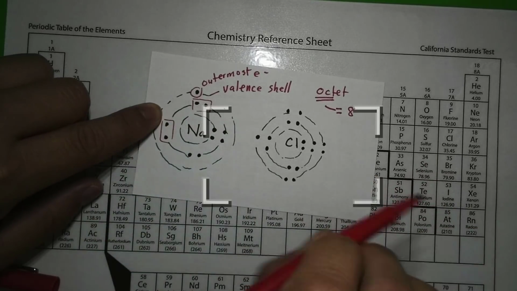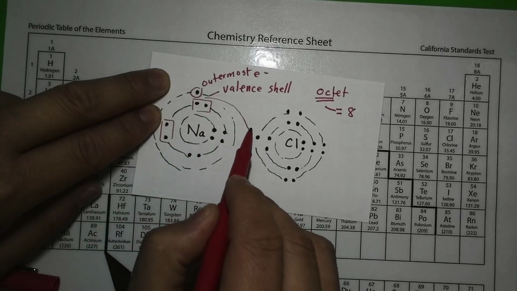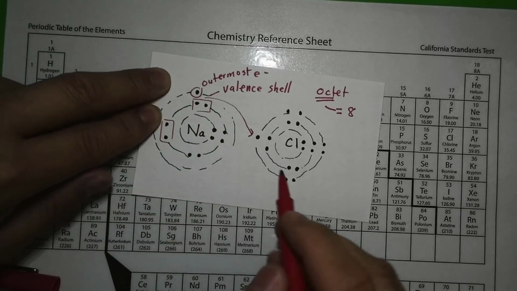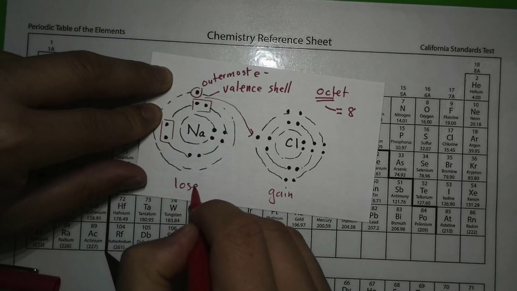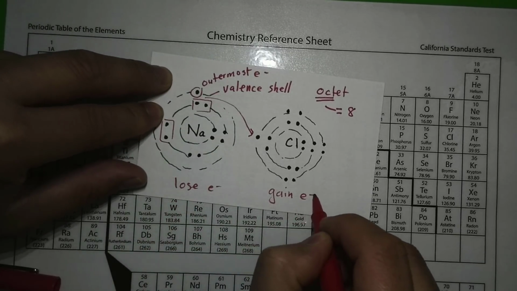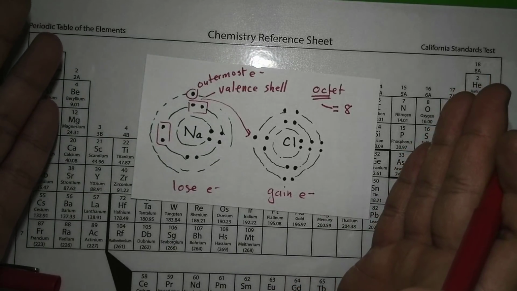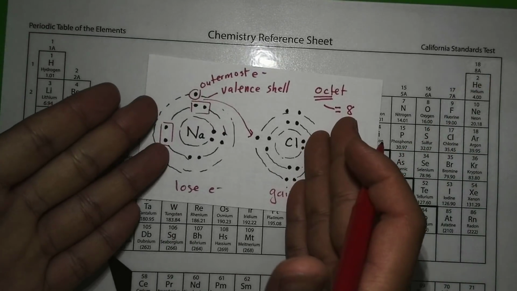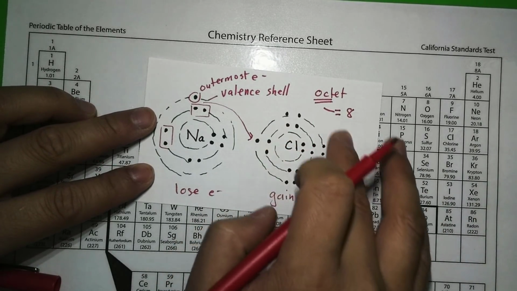So it's going to give up that electron to chlorine. Chlorine will gain, and sodium will lose its electron. Both of them will become stable. One gives up its electron, the other one gains, and once it gains one more, it has an octet.